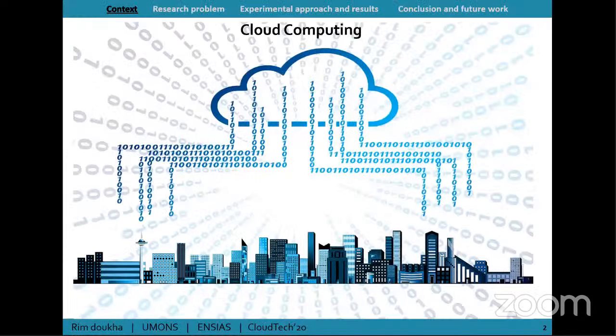Cloud computing has gained increasing importance in several domains where thousands of dedicated servers are set up to give the best service for their users on demand. In addition, these services are automatically managed by the providers, which requires minimal effort from users.